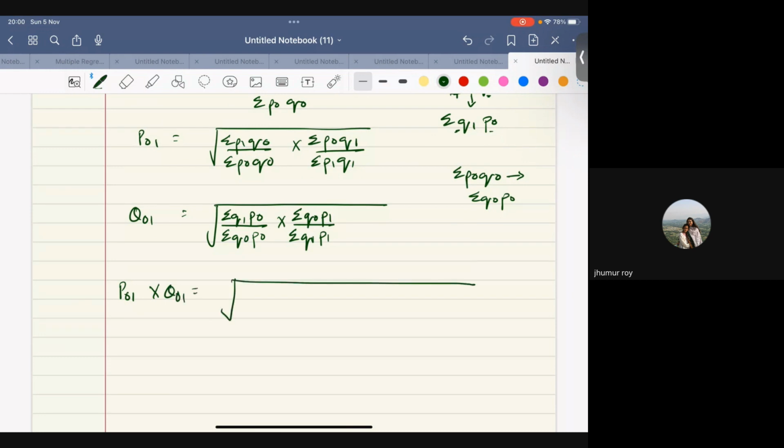So you've got sigma P1 Q0 upon sigma P0 Q0 multiplied by sigma P0 Q1 divided by sigma P1 Q1, multiplied by the quantity index number, that is sigma Q1 P0 upon sigma Q0 P0 multiplied by sigma Q0 P1 upon sigma Q1 P1. Now, can we cancel any values out? Please see and tell me.